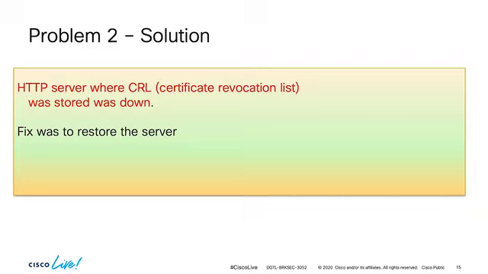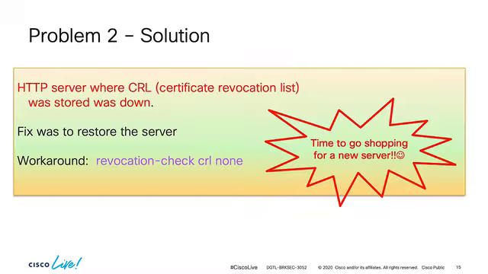What was the solution as far as this issue is concerned? Yes, we had to go shopping for a new server because the server on which the CRL was being hosted was actually down.